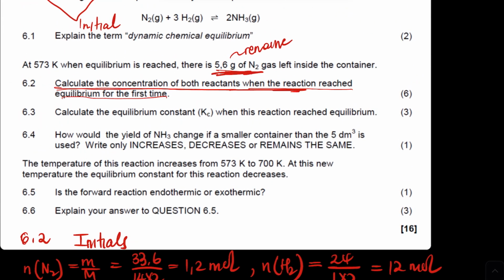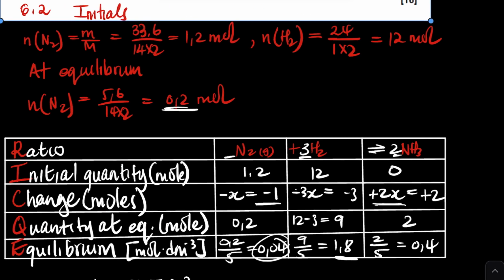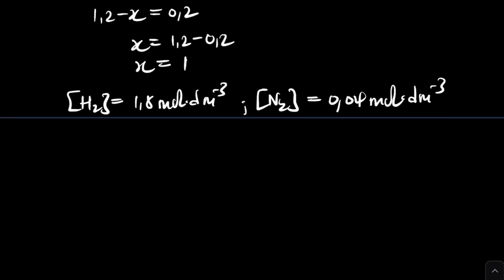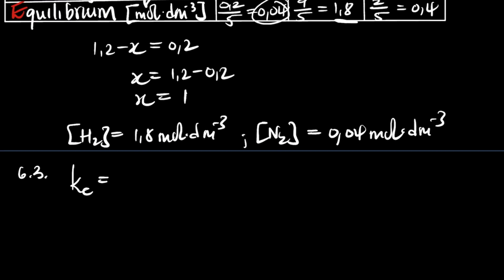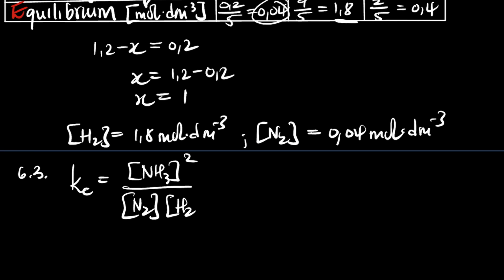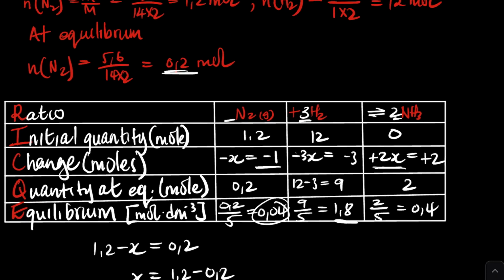Now at 6.3 it says calculate the equilibrium constant. So now that you have the concentrations at equilibrium, you can calculate Kc by saying the concentration of product, which is ammonia, to the power 2, divided by the concentration of nitrogen times the concentration of hydrogen to the power 3.